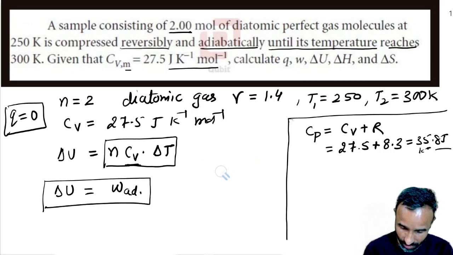That means if a diatomic perfect gas is given, it has no meaning up to this point. So it is 2.7 kilojoule.